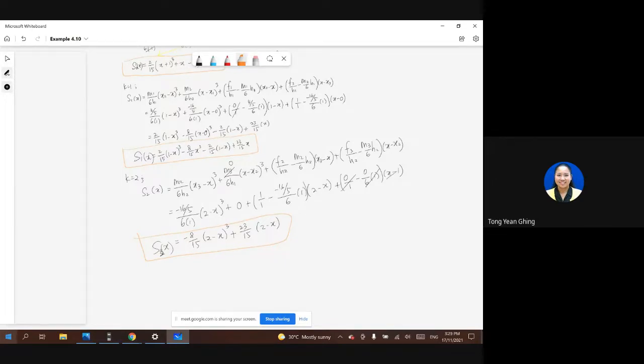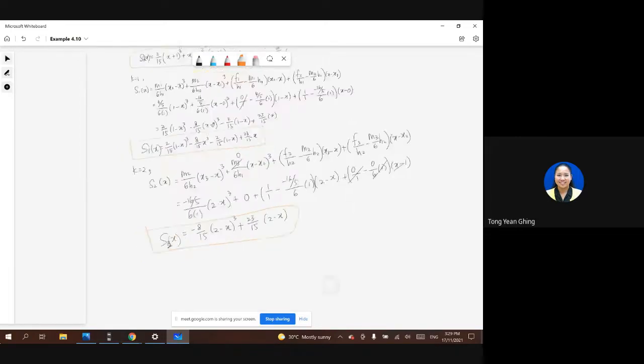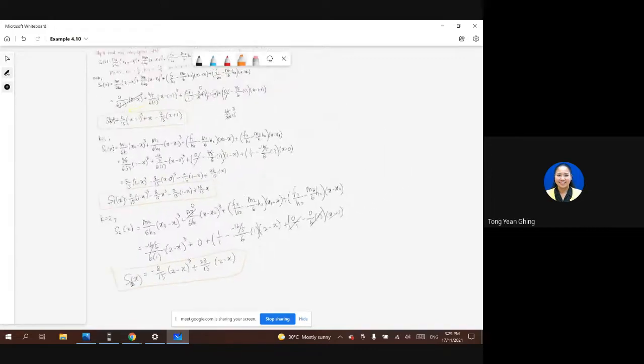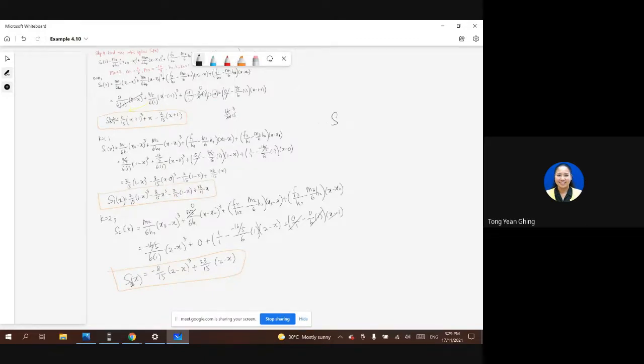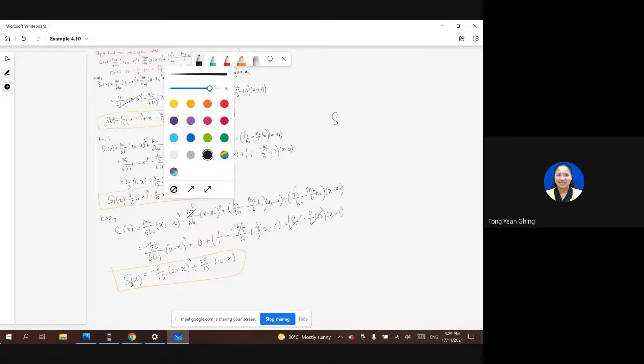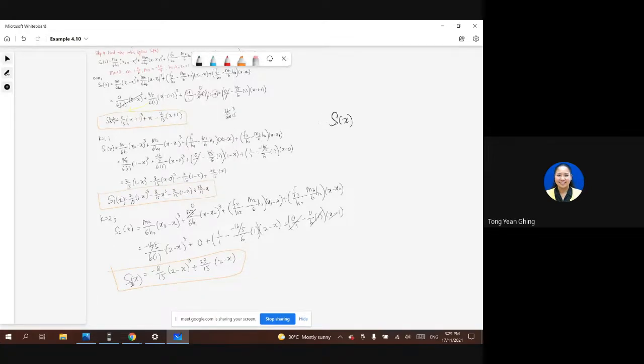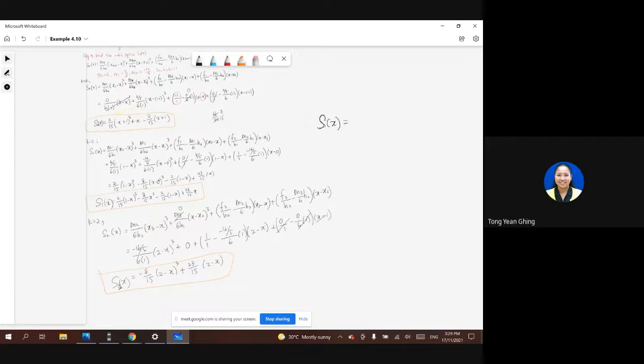Now I will write the whole cubic spline based on the equations that I got. Let me make it bigger. S(x) is equal to, so I have 3 equations here.